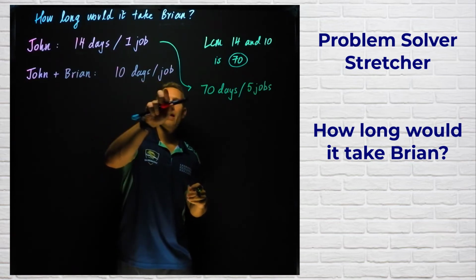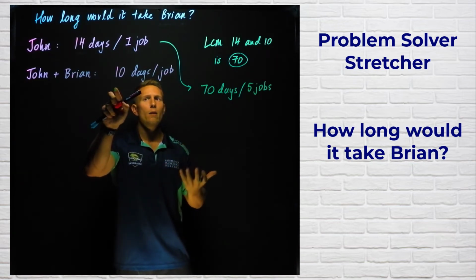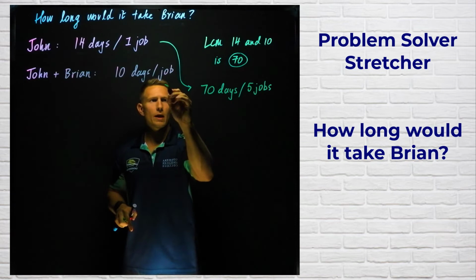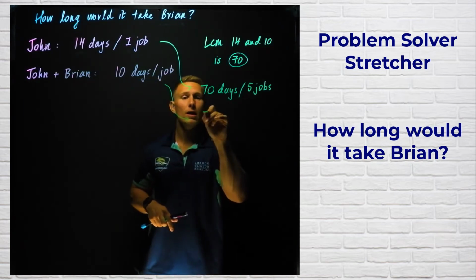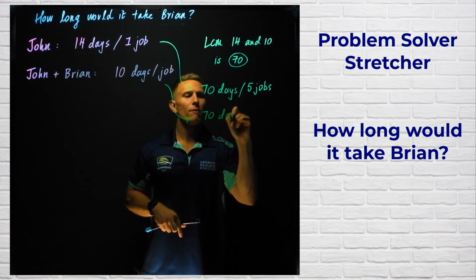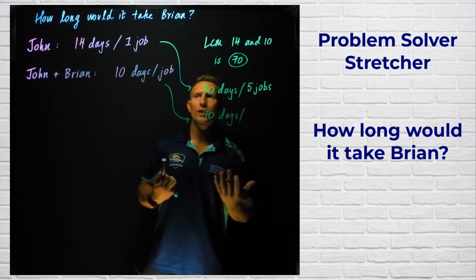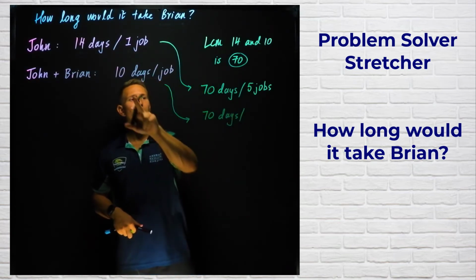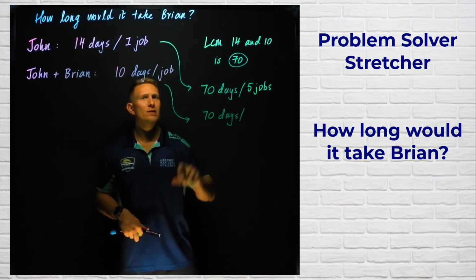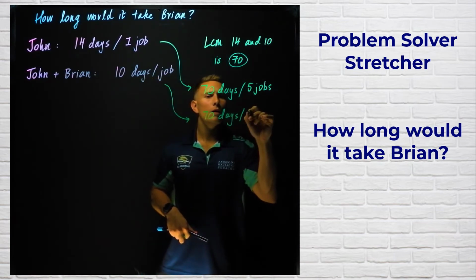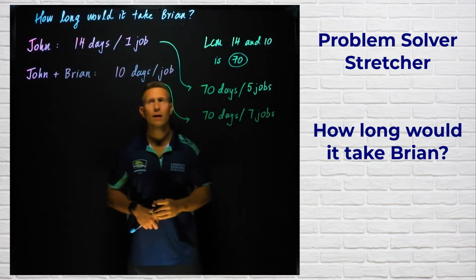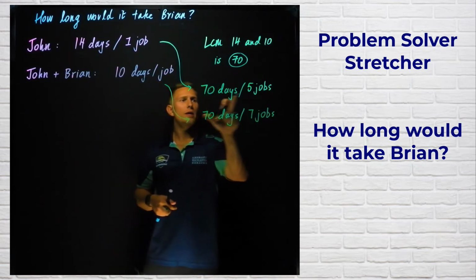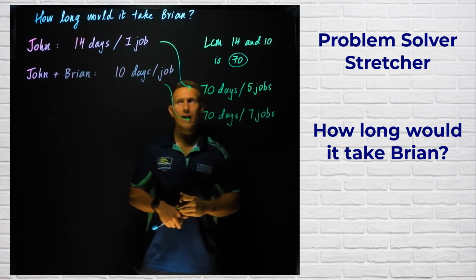And then I'm going to multiply this by 7, so 10 multiplied by 7 is 70. So if Brian and John were working together, they would complete 7 jobs in 70 days. Okay, so on his own, John is going to complete 5 jobs in 70 days.